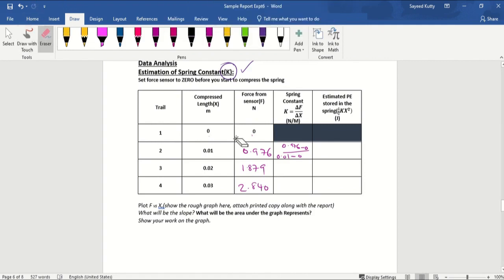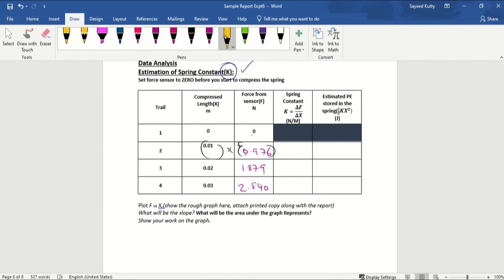So I can just directly write. I don't want to show you this. It is very simple. Since the first reading starts from zero, you just divide F by X, and you will get the spring constant. I'm going to just complete it now quickly.